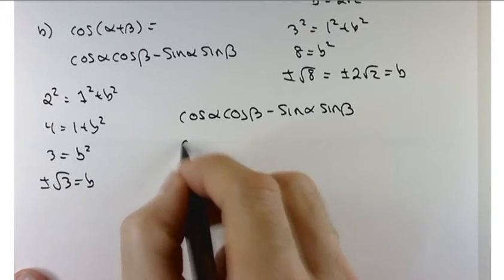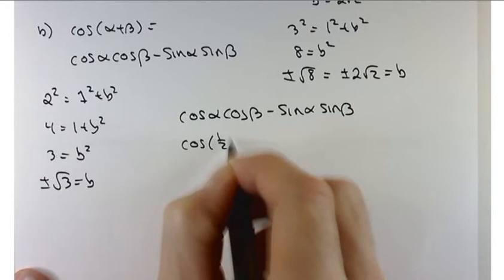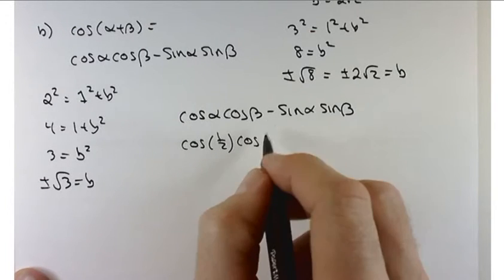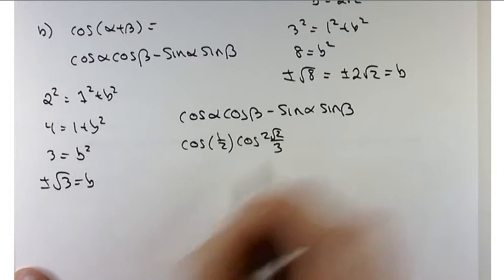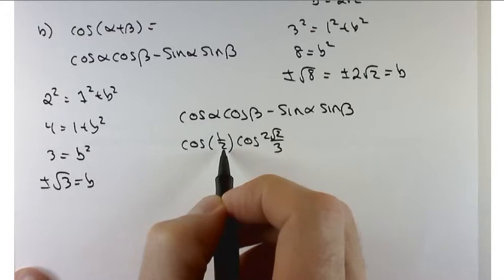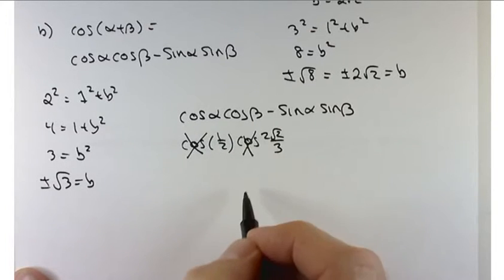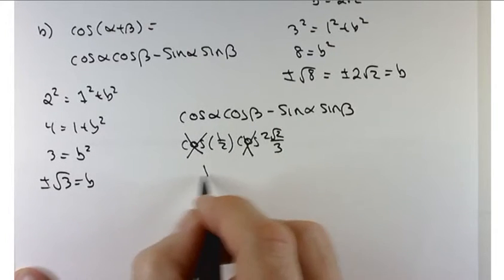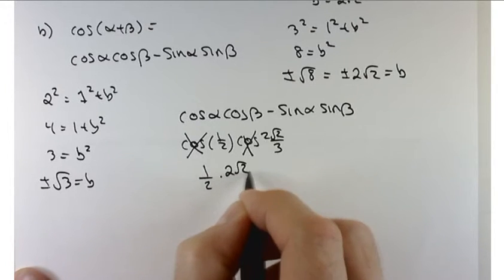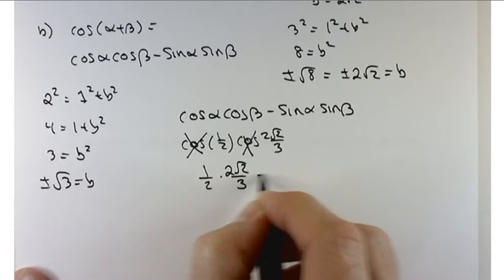So you're done with that. So really what you should be writing is 1/2 times 2 root 2 over 3 minus sine of alpha. Sine of alpha, that's going to be your opposite over hypotenuse. So negative root 3 over 2 times sine of beta, which is going to be 1/3.